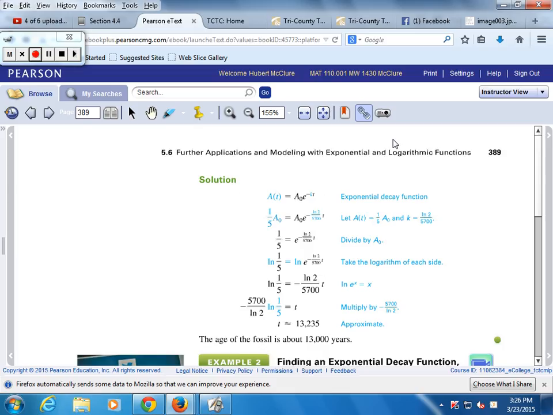And why are we taking the natural log? Because it's E. Anytime you have a business model or a half-life or decay, are you going to use log or natural log? You're going to use natural log, because it's going to be E. If it's decay or a business model, it's going to be E, so take the natural log of both sides.